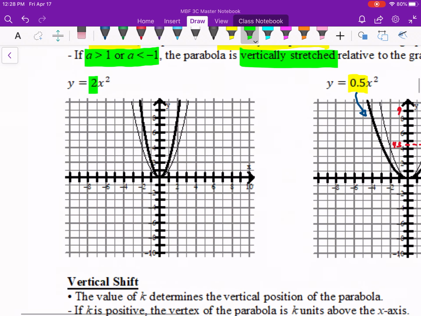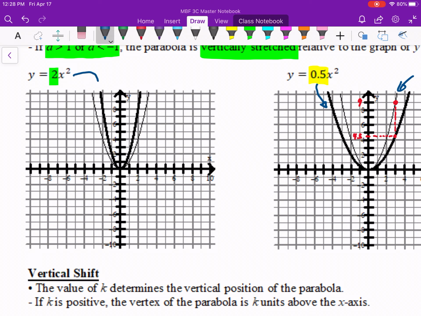Let's do the same thing we just did for the other one. So first of all, here's the graph. The dark one is the one. Again, think about it up or down. It looks skinnier, but really what's happened is it's been stretched upwards. If we take our original graph, our light-colored one, let me just pick a point that I can read on my original graph. So let's pick this one here at 2, 4, right? And now I'm going to stretch it upwards.